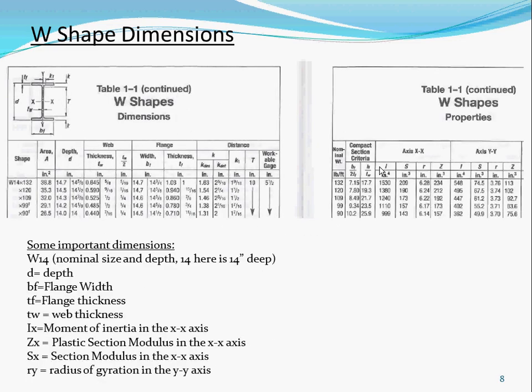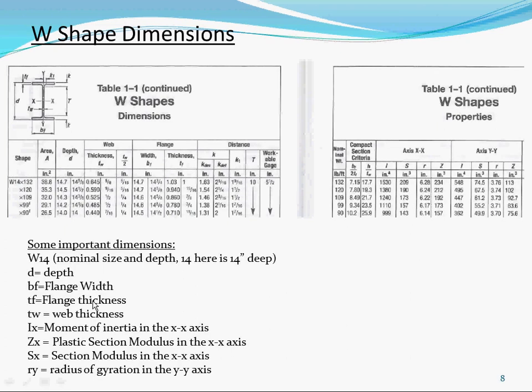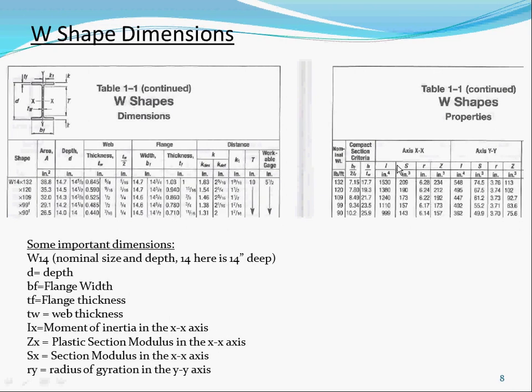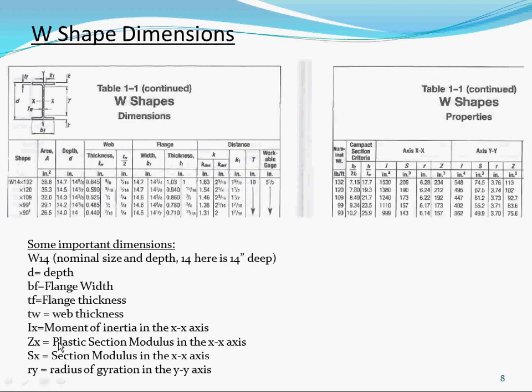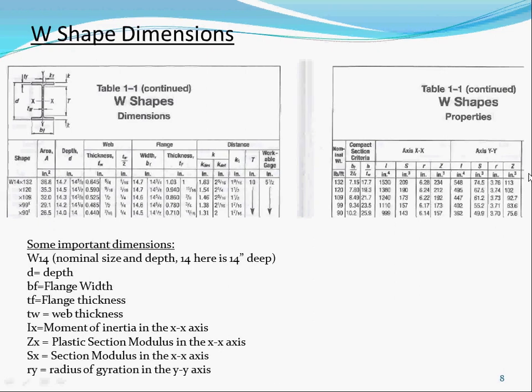Some of the properties I'll point out as important are the depth, the flange width, the flange thickness, the web thickness, moment of inertia in the x-axis, plastic section modulus in the x-axis, Sx, and then ry, the radius of gyration in the weak axis. When we mention W14x132, like the one on the top, typically the first number is the nominal depth.